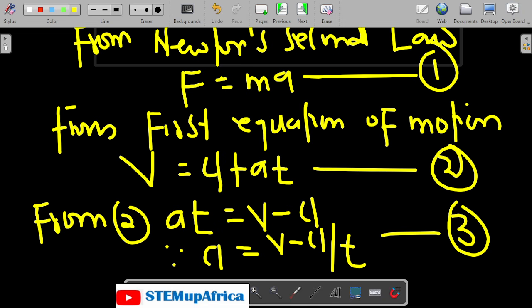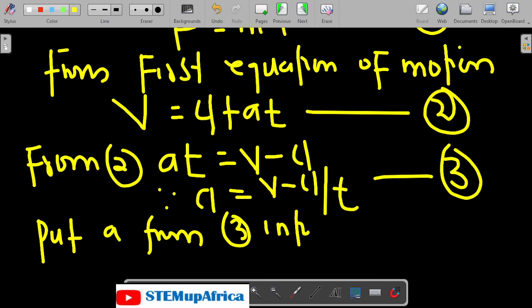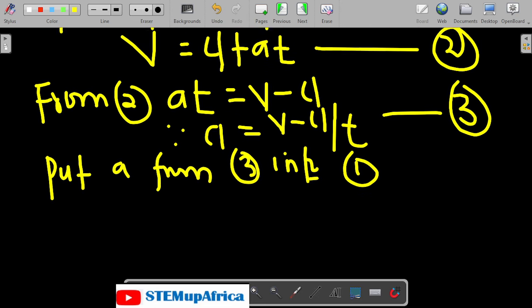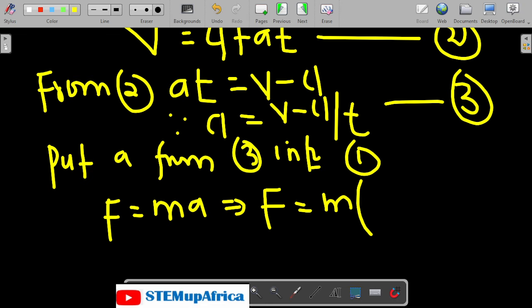So I will say put a from 3 into equation 1. Remember in equation 1 we said F equals ma. So force equals ma according to equation 1. What are we having? It implies that my F is now m into (v minus u) over t. But they are asking us to express m in terms of the other parameters.